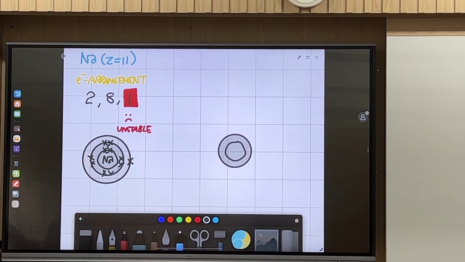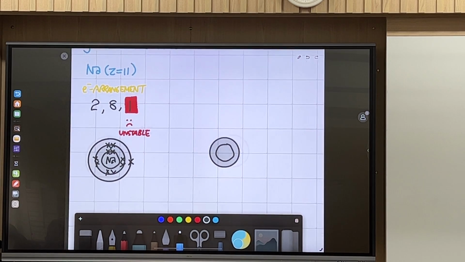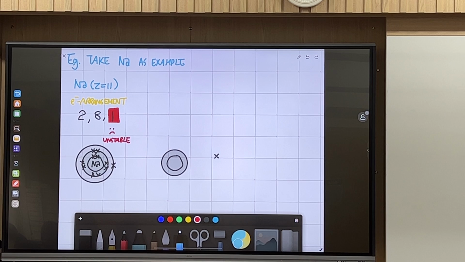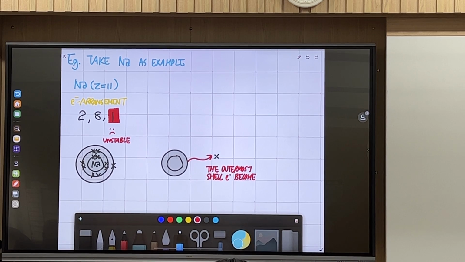Sodium is unhappy with what it currently has, so it will strip away the outermost shell, and that extra electron will become delocalized.